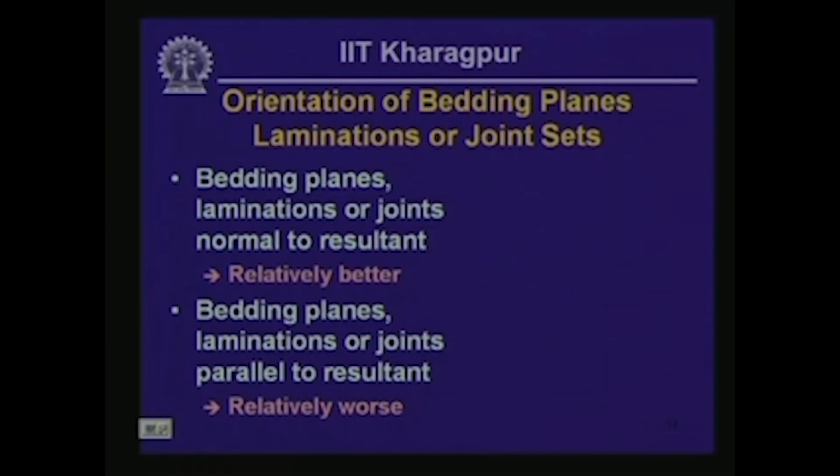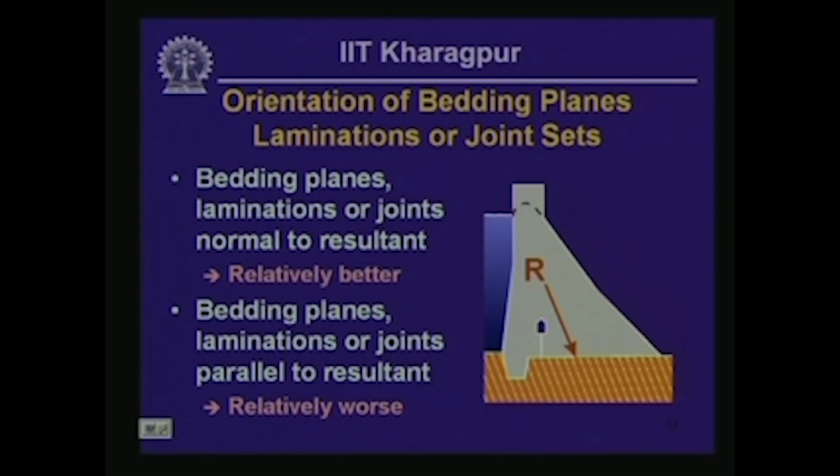So these are the reasons why we want to have, in an ideal situation, the orientation of the planes of weaknesses perpendicular to the direction of the resultant of the load that is imposed on the rock mass because of the dam and the reservoir.